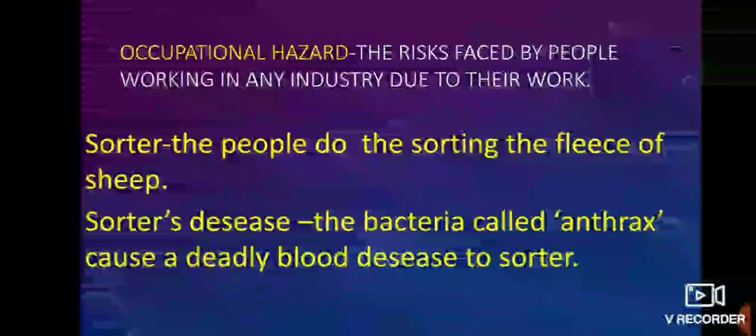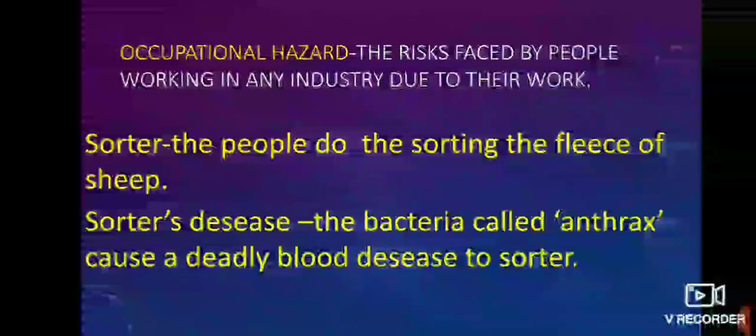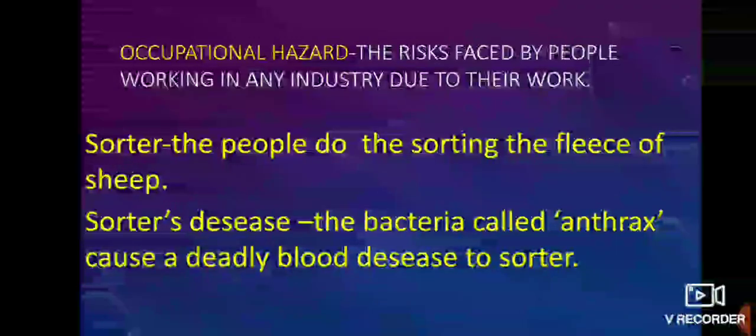But the people who do the job of sorting the fleece of sheep into fibers of different qualities are called sorters, and they sometimes have a high risk of getting infected by this type of bacteria. The name is anthrax bacteria and the disease is called sorter's disease, a deadly blood disease.